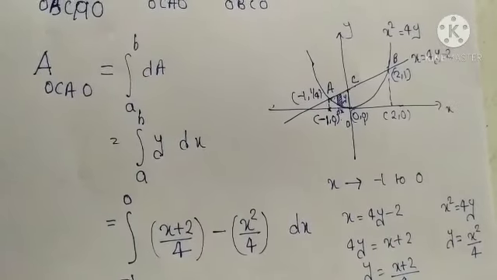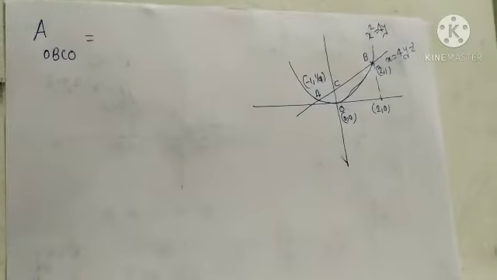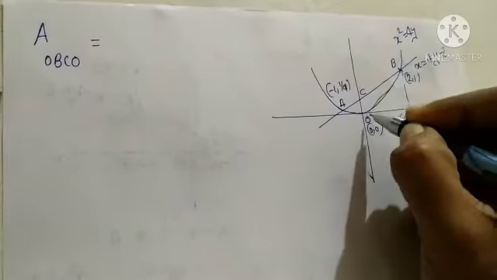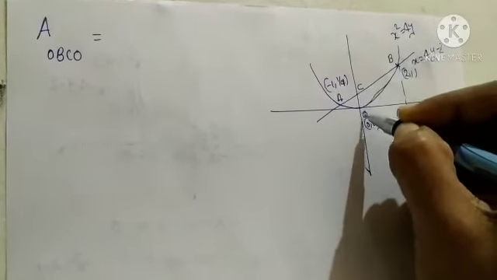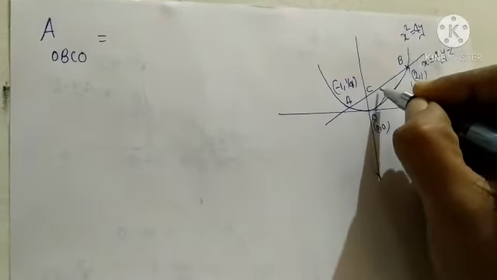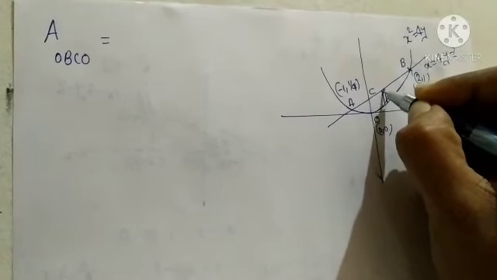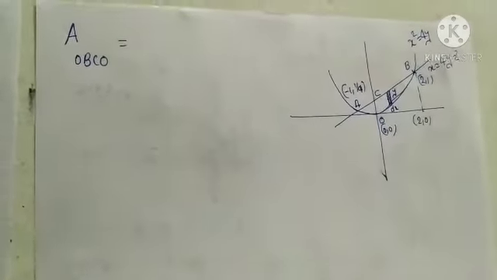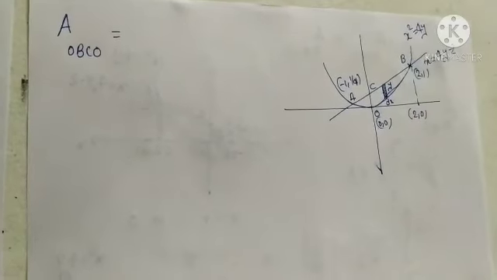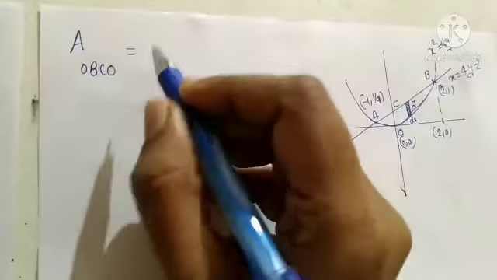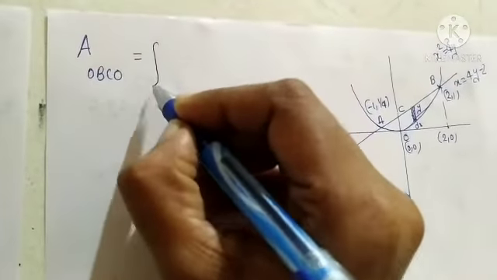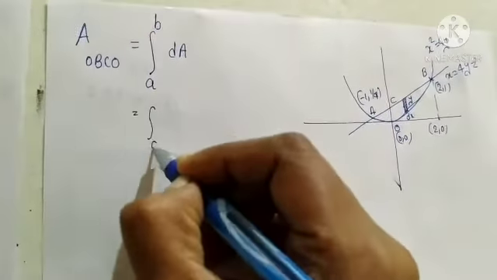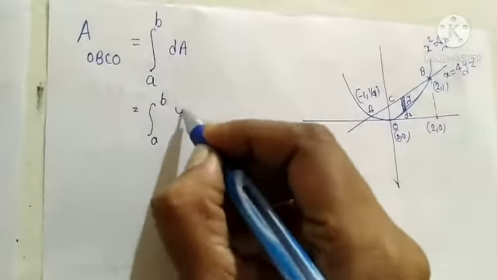Okay, I hope you understood. Next we need to find out the area of OBCO. So here also I am taking a vertical strip with height y and length dx. Okay, so the integral will become integral a to b dA, or integral a to b y dx.